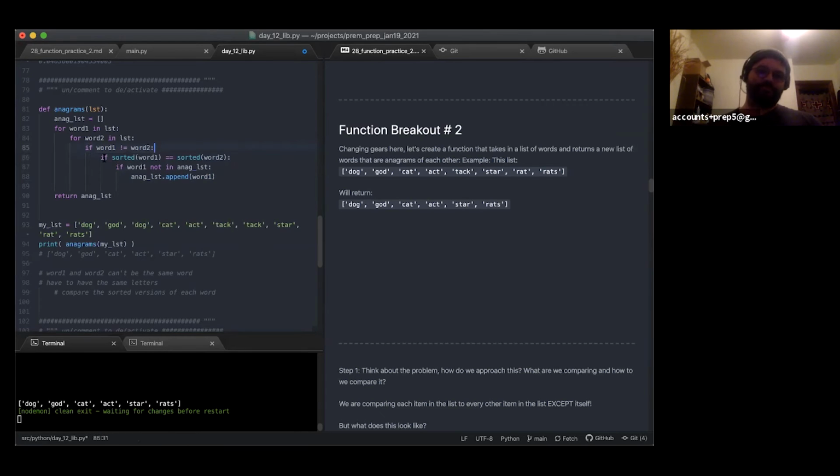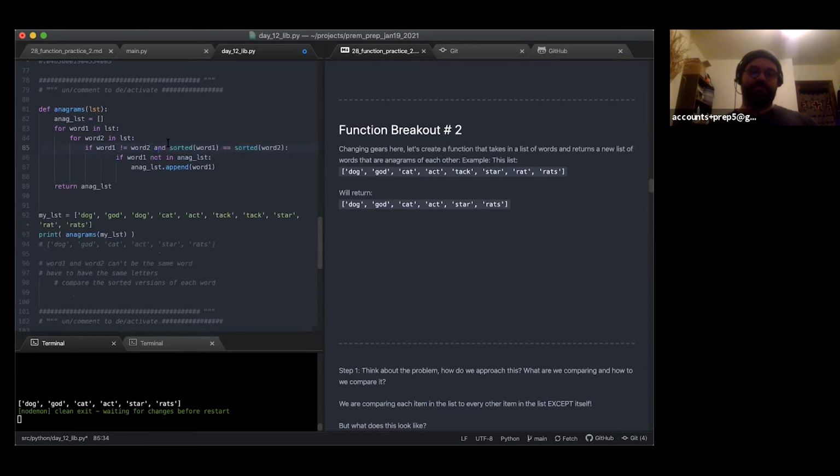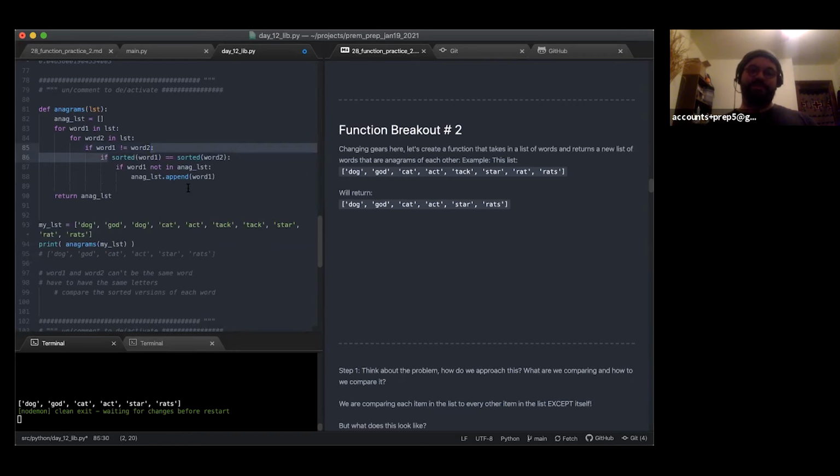So in this case, if you see an if that has only one thing and that thing is another if, you can translate that into an and, right? So I can say if word 1 not equal word 2 and sorted word 1 equals sorted word 2. So this works in this particular case.